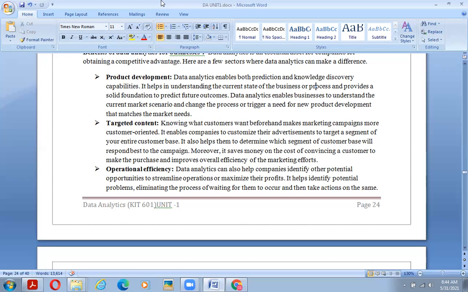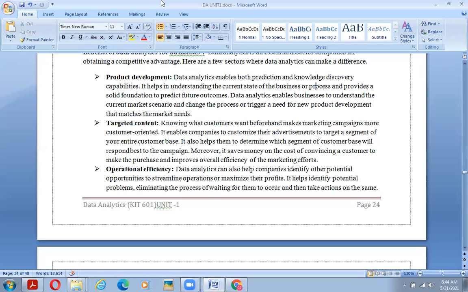Moreover, it helps save money on the cost of convincing a customer to make that purchase and improves the overall efficiency of the marketing efforts. Data analytics can also be helpful in operational efficiency. It helps companies identify other potential opportunities to streamline operations or maximize profits.